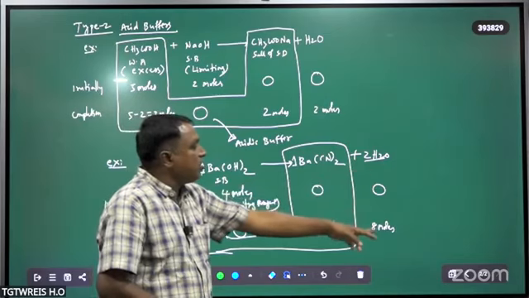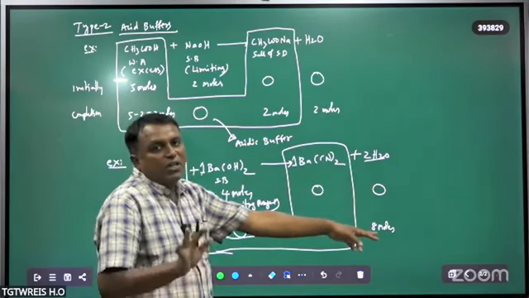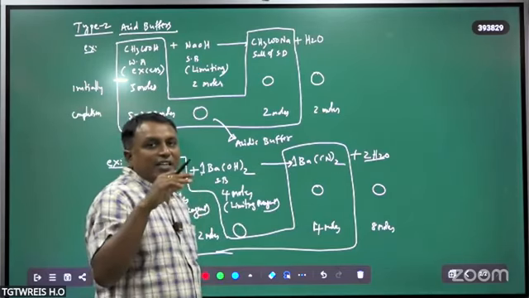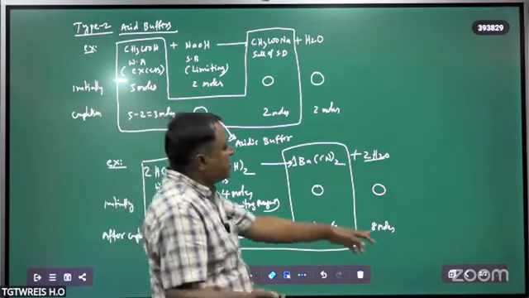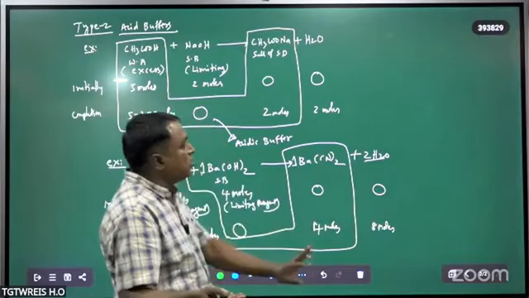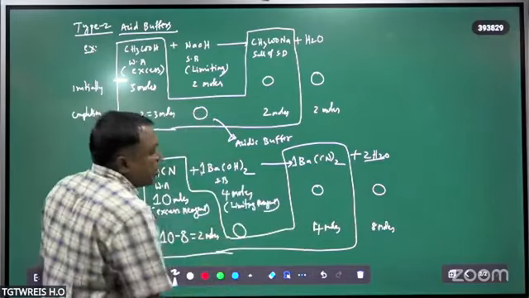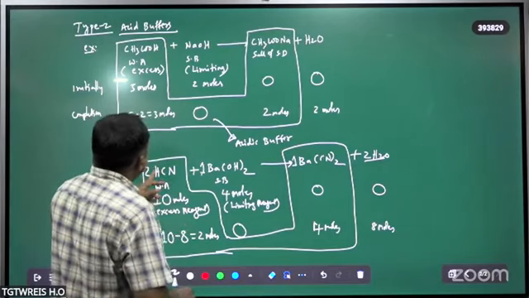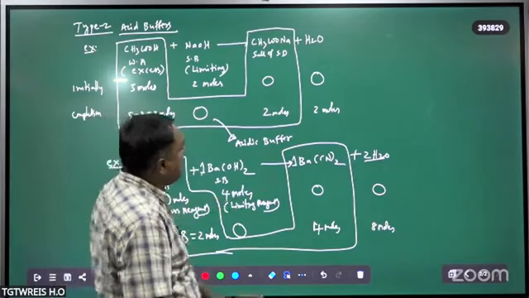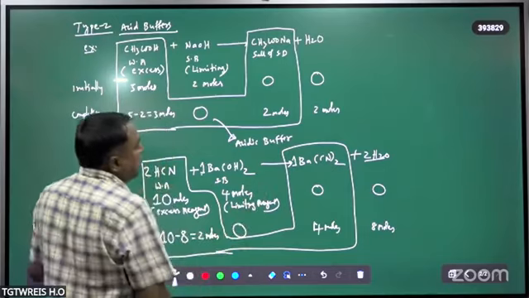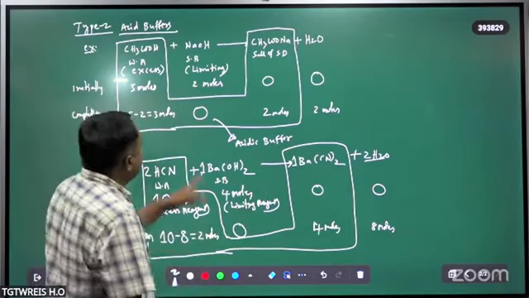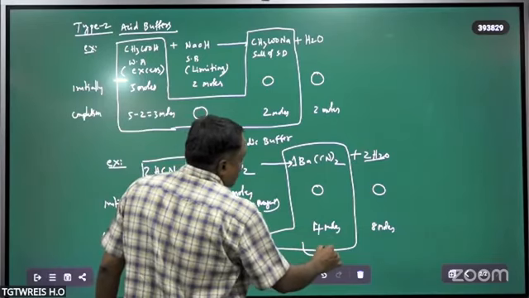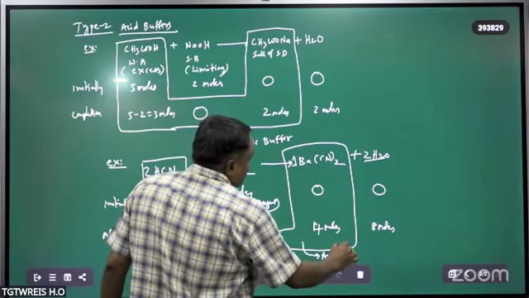Water initially 0 and after it is 8 moles. But there is a negligible change in pH by adding water to the buffer solution. Therefore, even if water is present, there will be no change in the pH. Therefore, 2 moles of HCN and barium cyanide, the combination of HCN and barium cyanide, is acting as what now? That is the acidic buffer. So this is an acidic buffer.